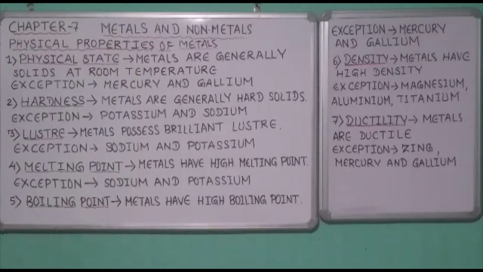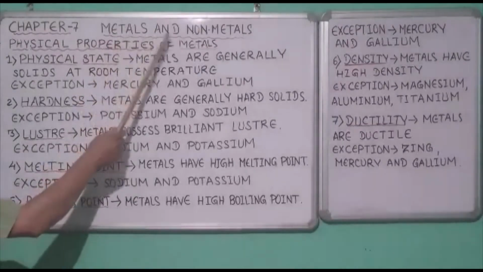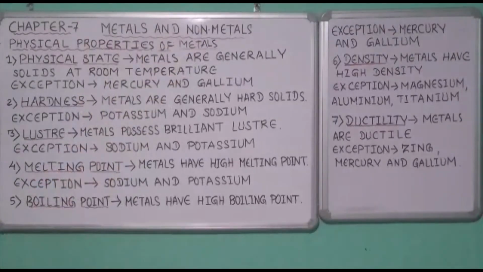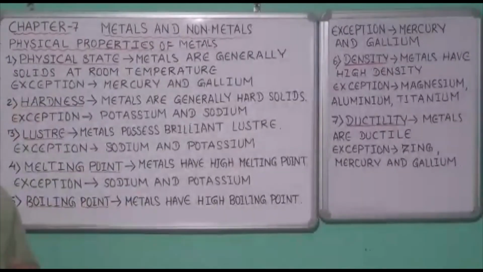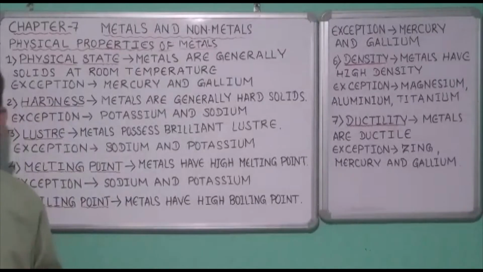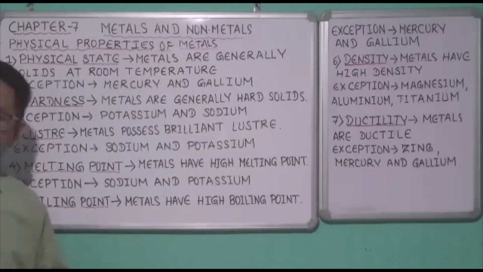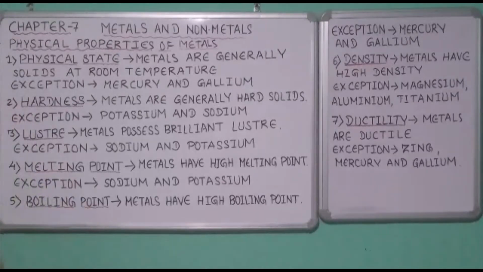Before I start this, I would like to recapitulate what we have done in the previous class. Now what are metals and non-metals? Elements which have shining surfaces, are malleable, ductile, good conductors of heat and electricity, and have 1, 2 or 3 valence electrons are called metals.